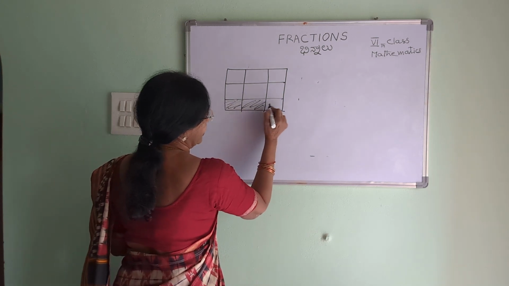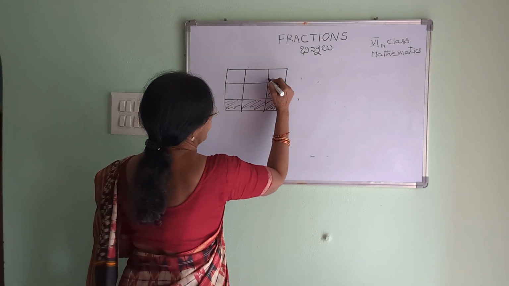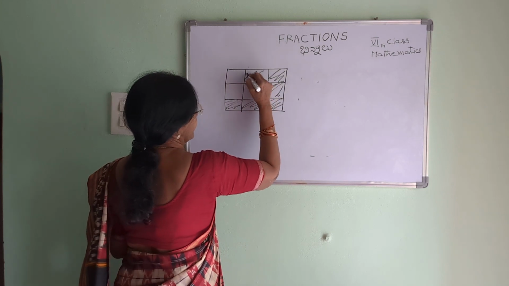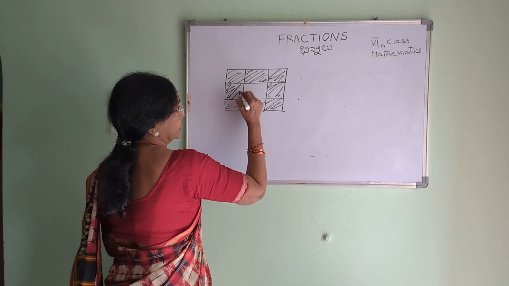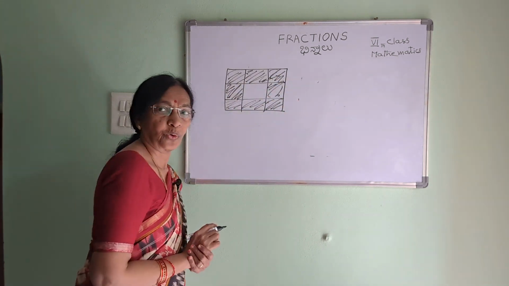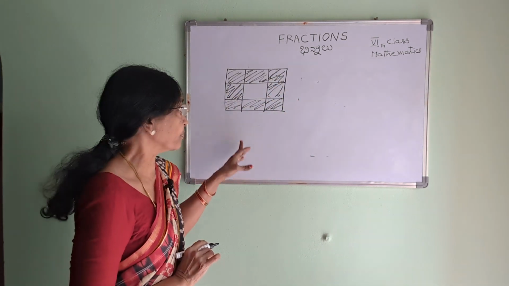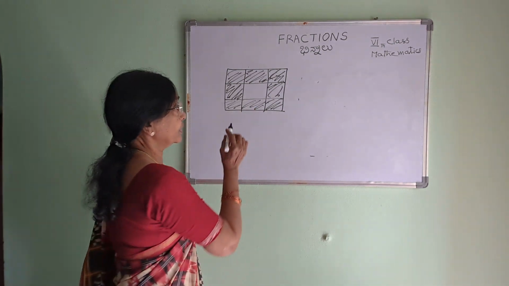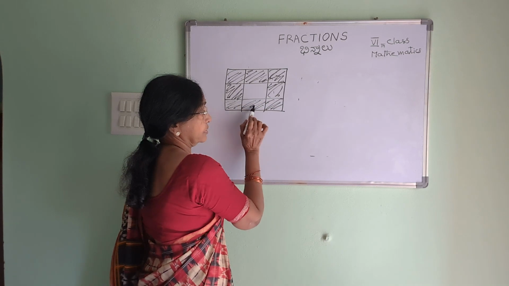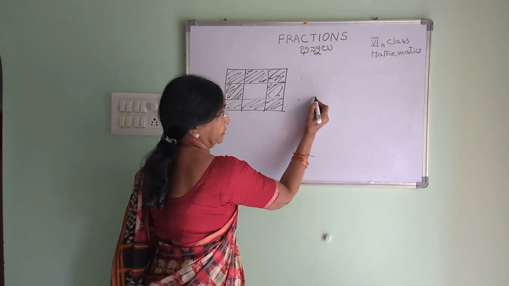All these parts are equal, except the block at the center, all are shaded. So what fraction represents the shaded portion? See, total number of equal parts is 9.